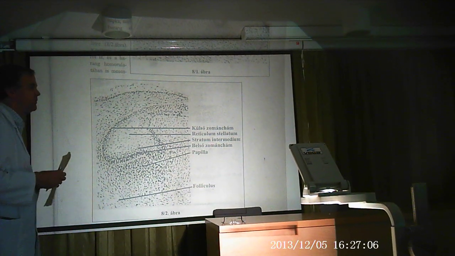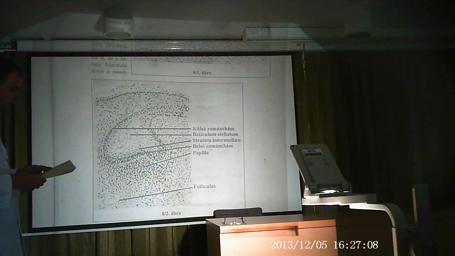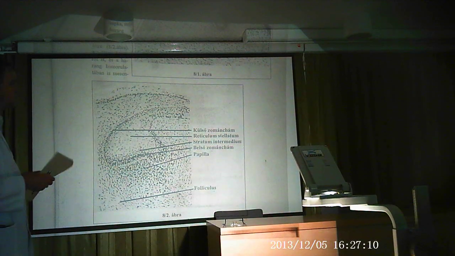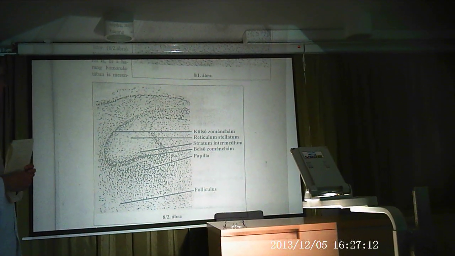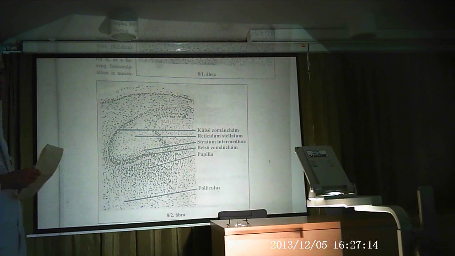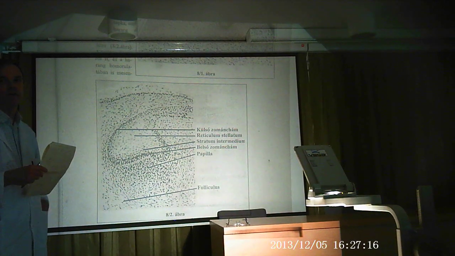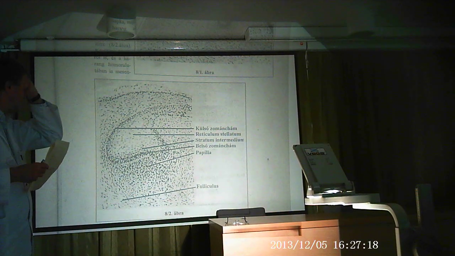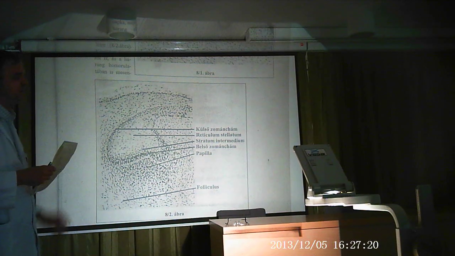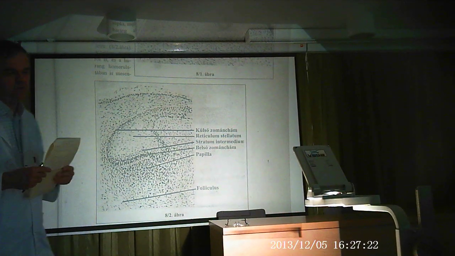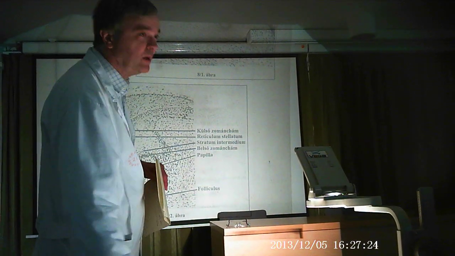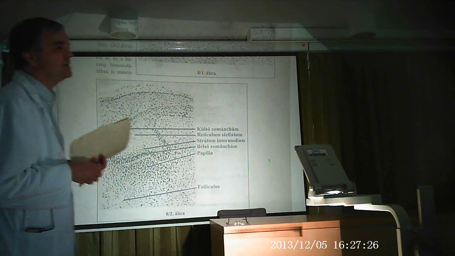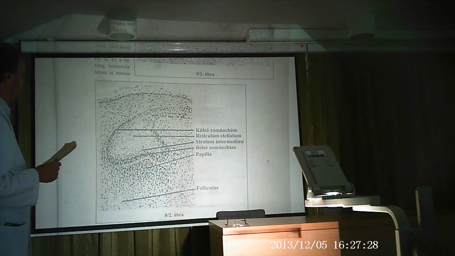Let's remember what is the difference between pre-ameloblast and ameloblast. We will ask in the exam. It's very important. If you don't know, immediately fail. I think you remember from first year.